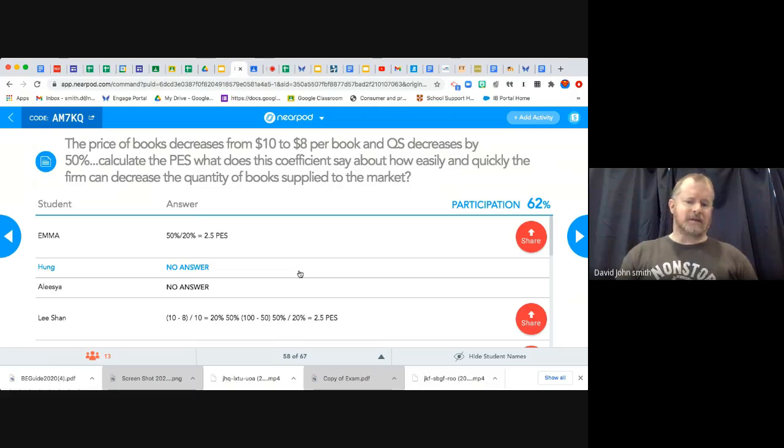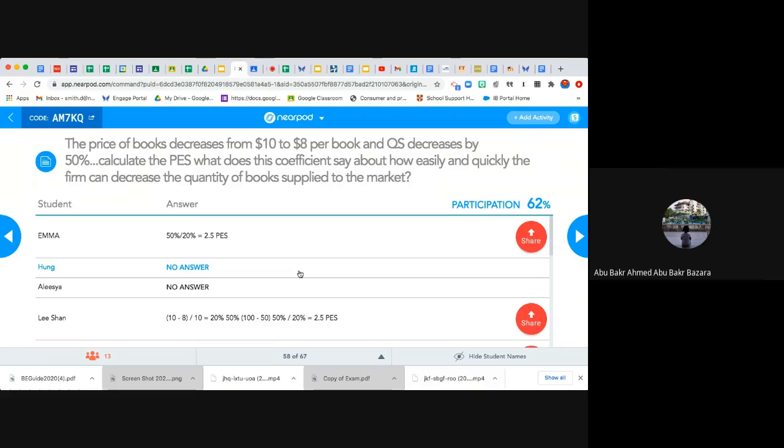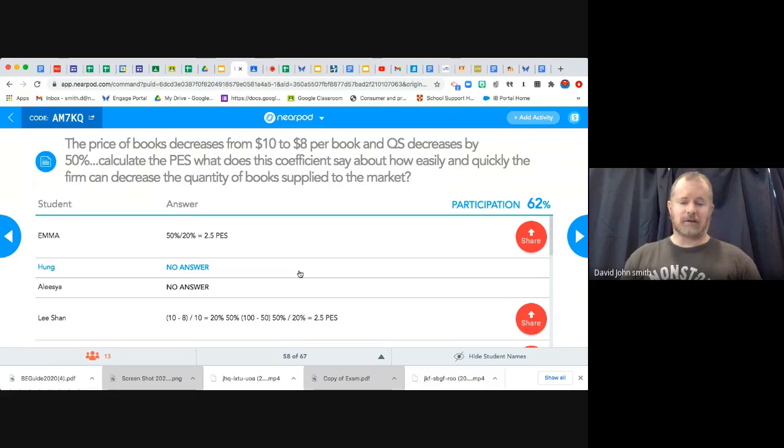So the PES, the price elasticity of supply, the terminology we're likely to use to explain what's happening is that the books have a price elasticity of supply that suggests that books are more, beginning with E. Elastic. More elastic. That's absolutely right.